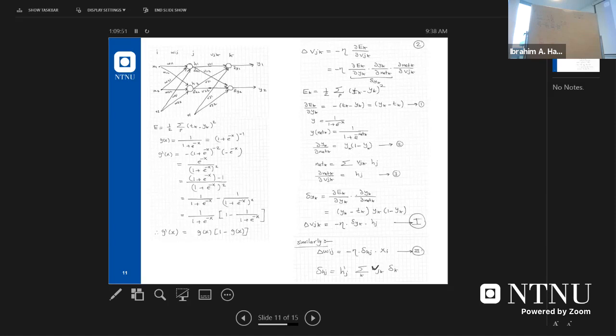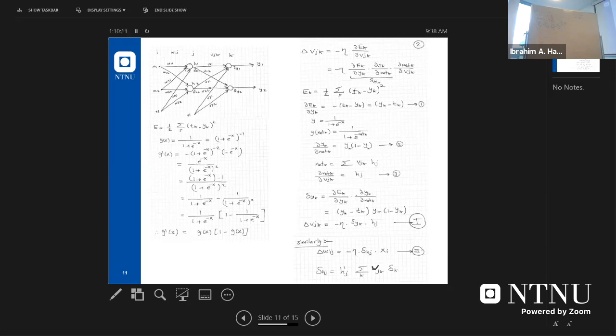Of course, it's V times H. I call it X, but X for this one is H. So it will be like this one. So this portion net or portion V will be the input. So I will call this one delta Y. So delta Y will be partial E by partial net. So it will be this formula. So at the end, we will have this delta V_jk.